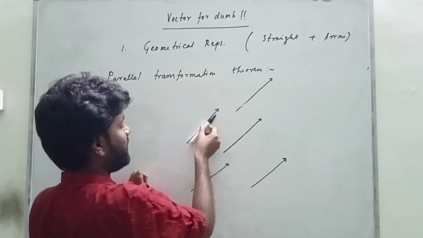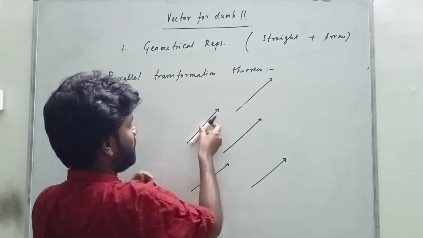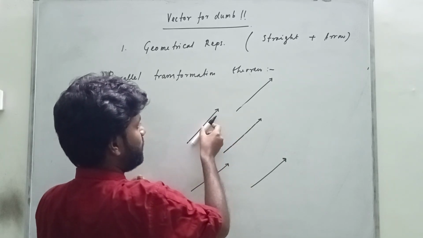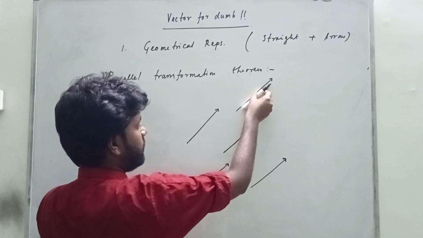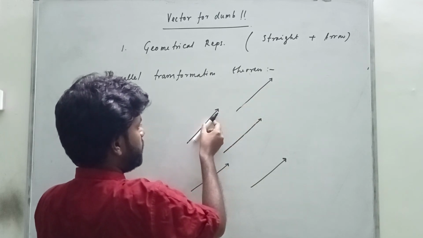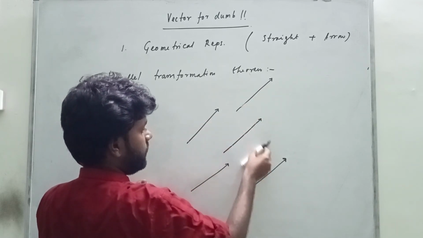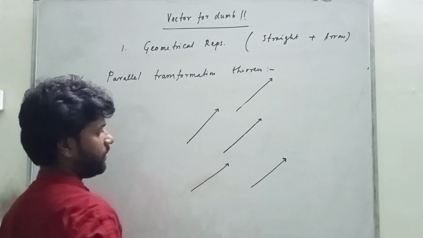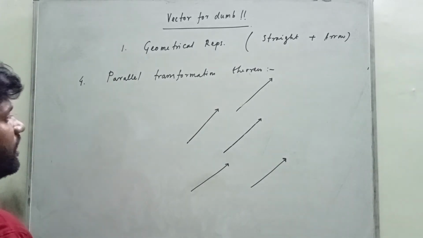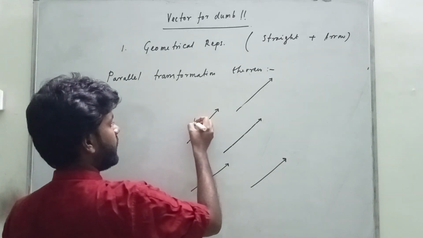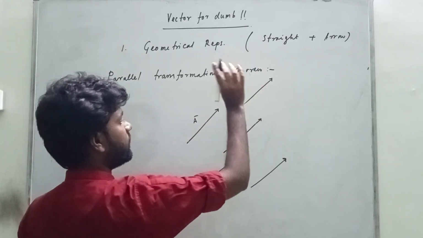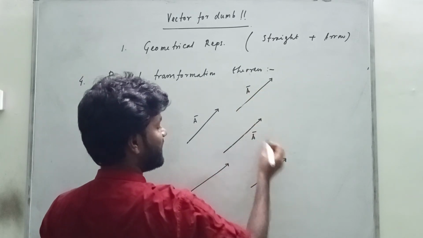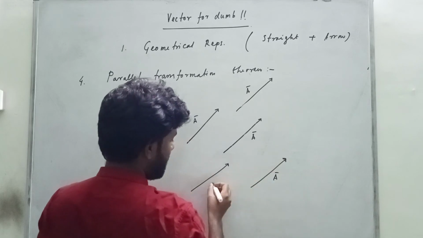The magnitude of this vector cannot change, and since I shift it parallelly, the directions will be the same. That means if it is a vector A, then all of these are the vector A.